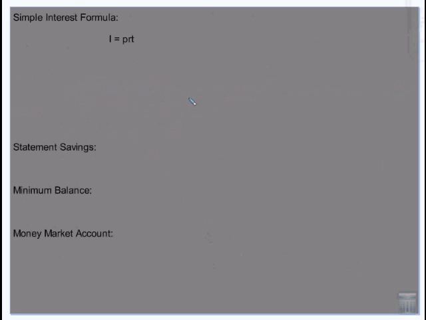The formula for simple interest is I equals PRT. I is the interest. P is the principal. R is the percent rate converted to a decimal.